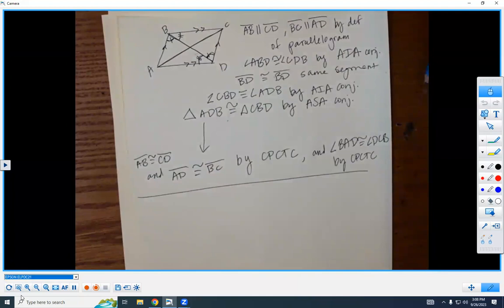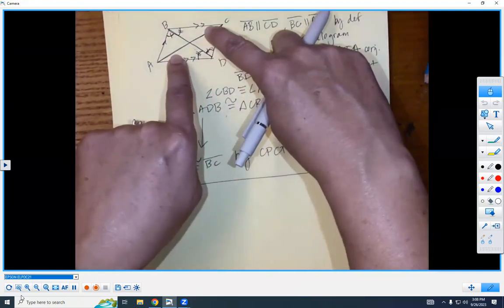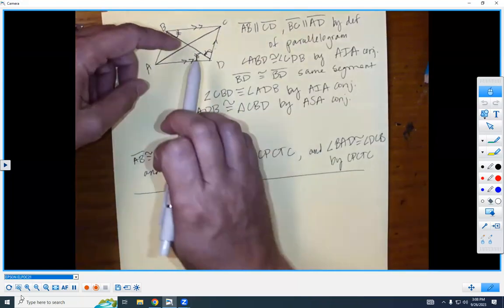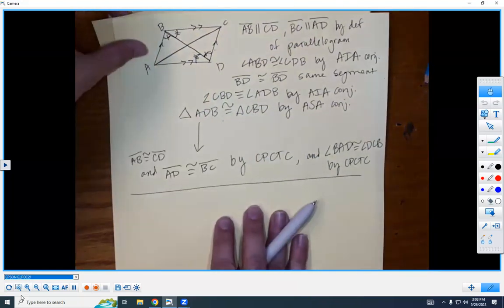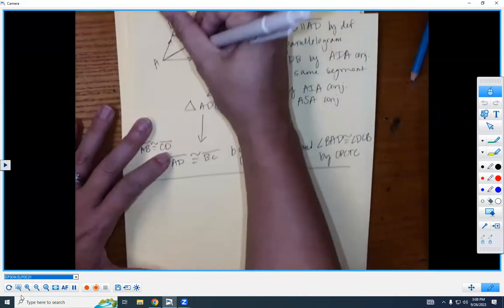You're trying to prove that these two are congruent, these two are congruent, right? If I bisect, it means it splits this line in half and splits this line in half. So my goal here is to make it all one page. I need to make a name for the middle.